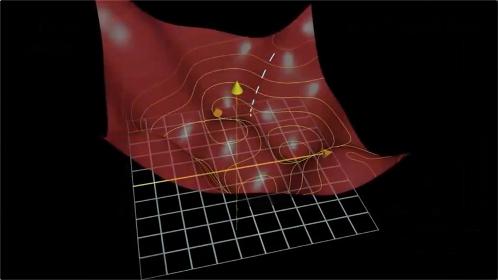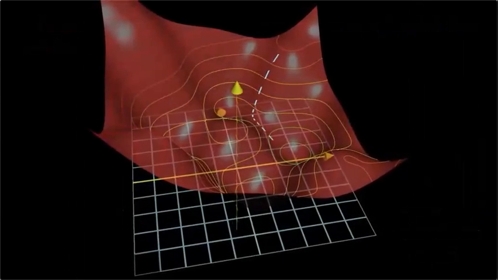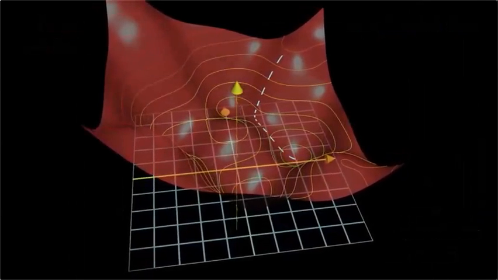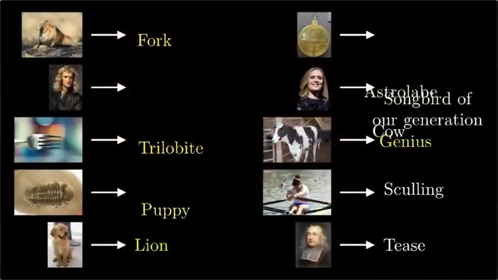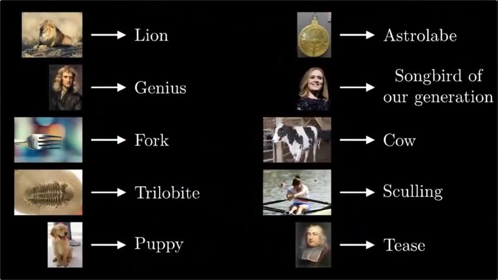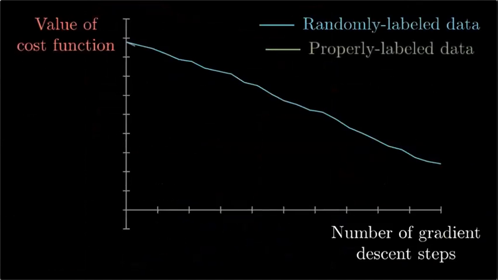So you're really struggling to find the local minima of possible weights that would get you that accuracy. Whereas if you're training on a structured data set, one that has the right labels, you fiddle around a little bit in the beginning, but then you drop very fast to get to that accuracy level. And so in some sense, it was easier to find that local minimum.